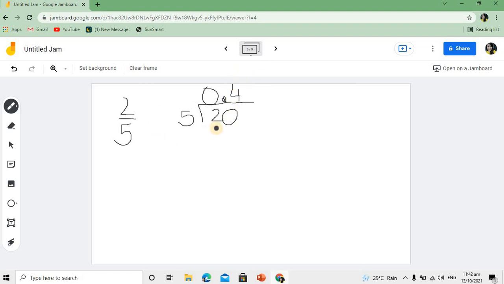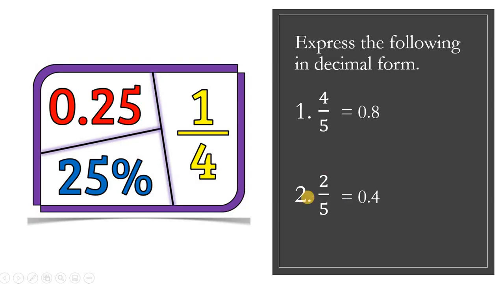And then 4 times 5 is 20. So therefore, 2/5 is equal to 0.4. Ang equivalent ng 2/5 sa decimal form is 0.4. So that's how we convert fraction into decimal form.